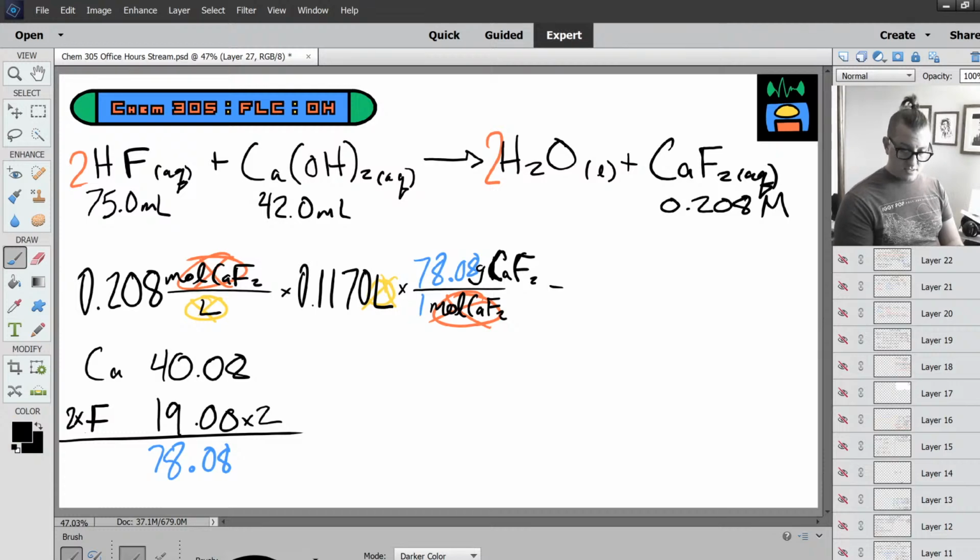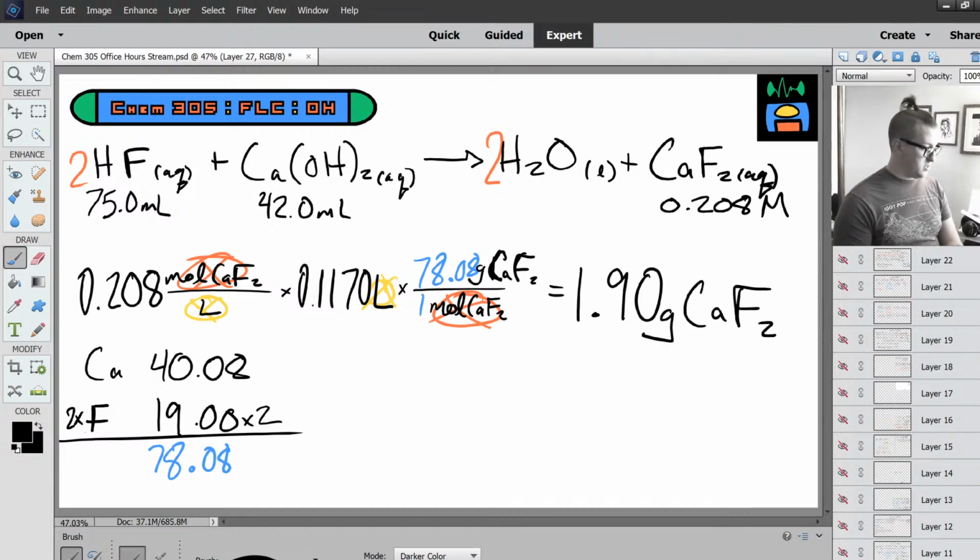And this comes out to be, let's see, with 3 sig figs, 1.90 grams of our salt. All right. So that is part B.